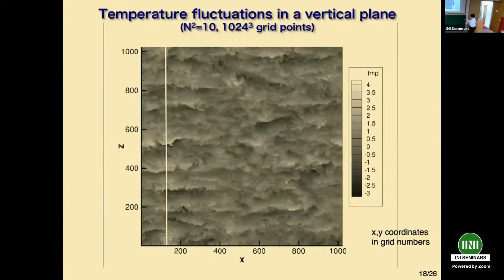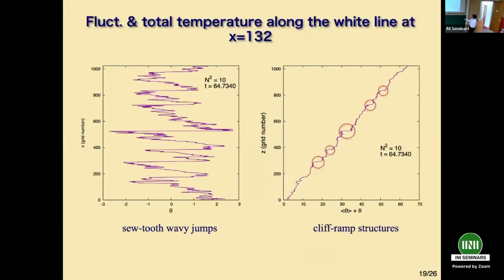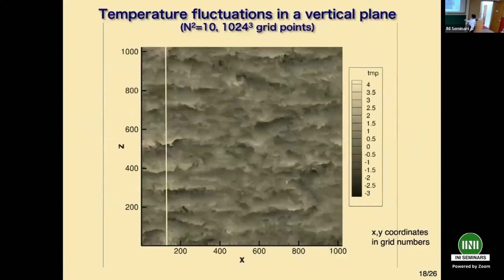The white line is where I monitored temperature fluctuations. This is the temperature fluctuation along that white line, where we see more kind of layers.